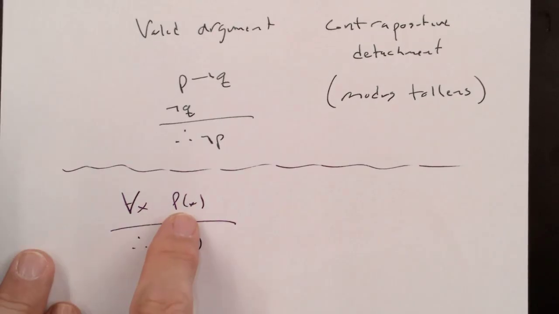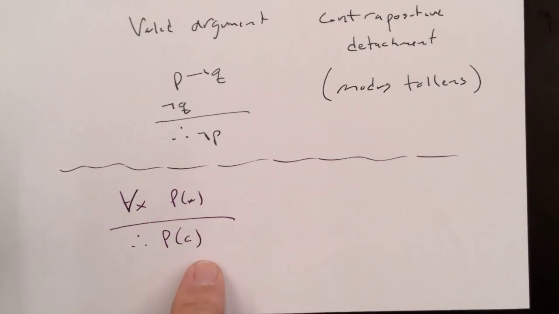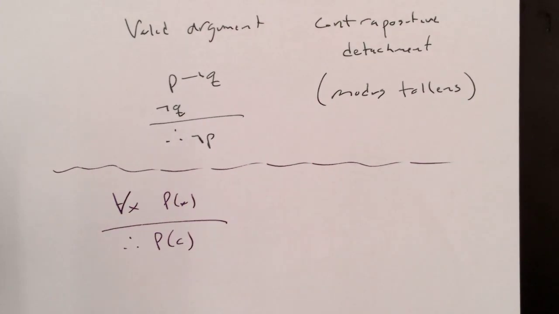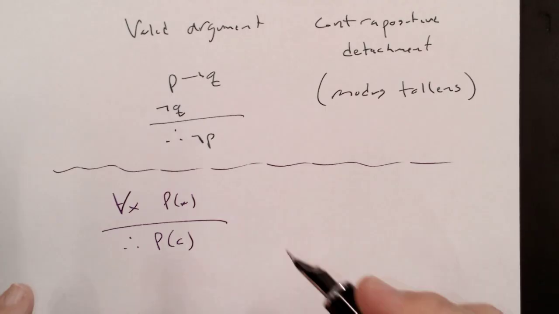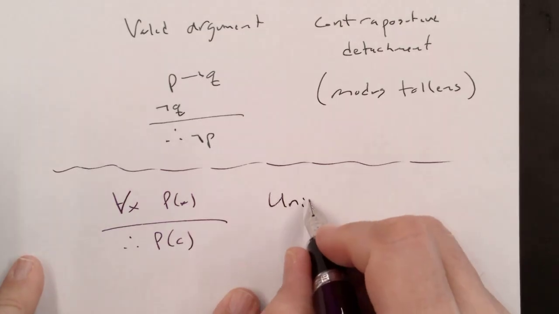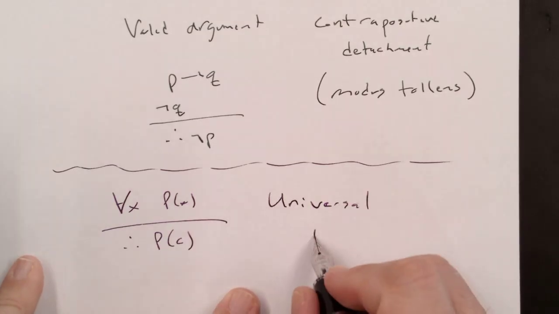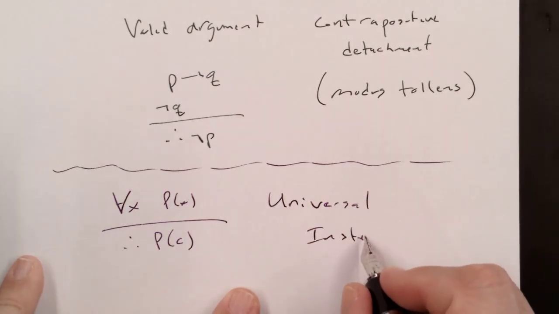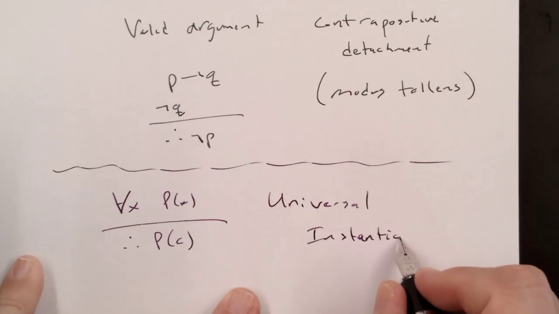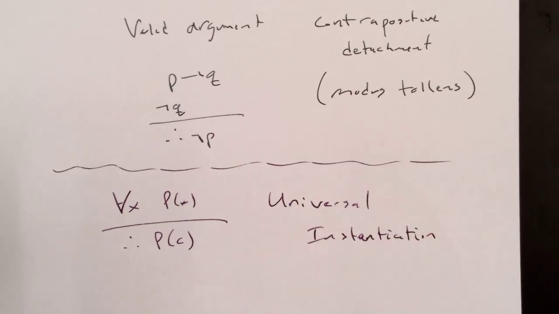This is an X. It applies to all of them, so it must apply to this one. I've created an instance from a universal. We call such a thing instantiation. So this is a universal instantiation.